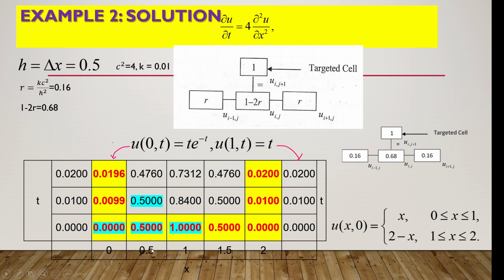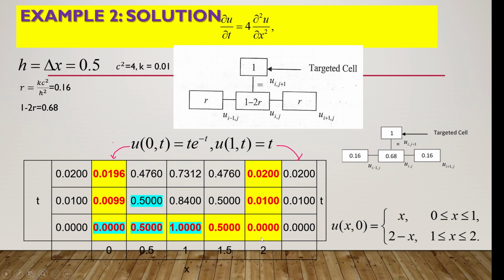That's why from 0 to 1, when t is 0, u is 0, 0.5, 1. When t is 0 and x is from 1 to 2, u is 2 minus x. So when x is 1, 2 minus 1 is 1, so these two intercept at the same value.